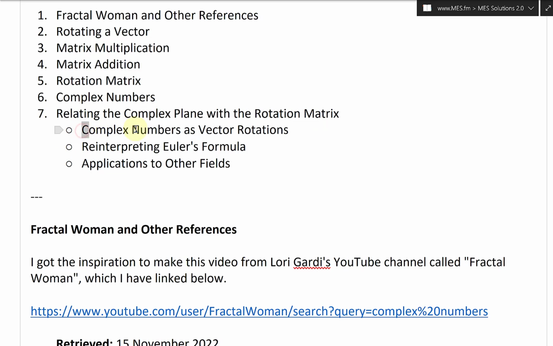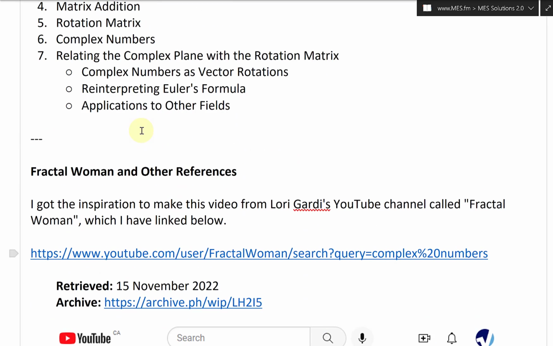In other words, we could write complex numbers as vector rotations. And then we reinterpret Euler's formula, and then look at applications to other fields. Very interesting to think about.